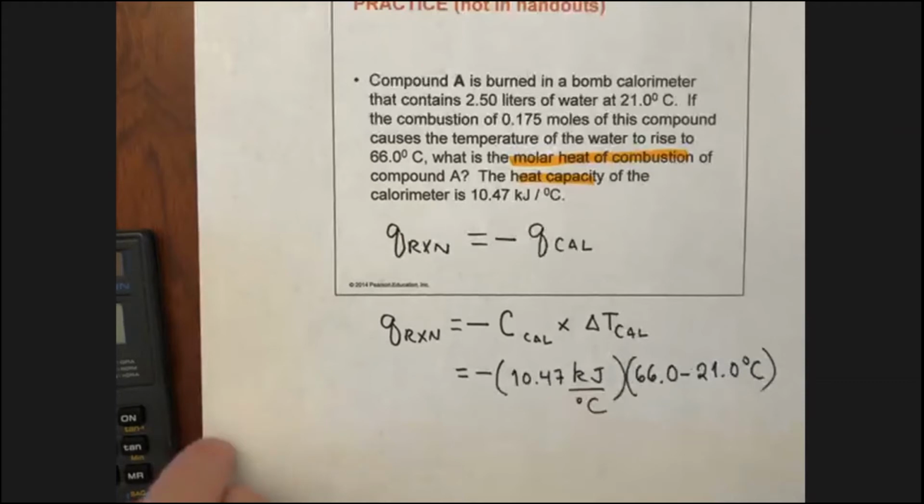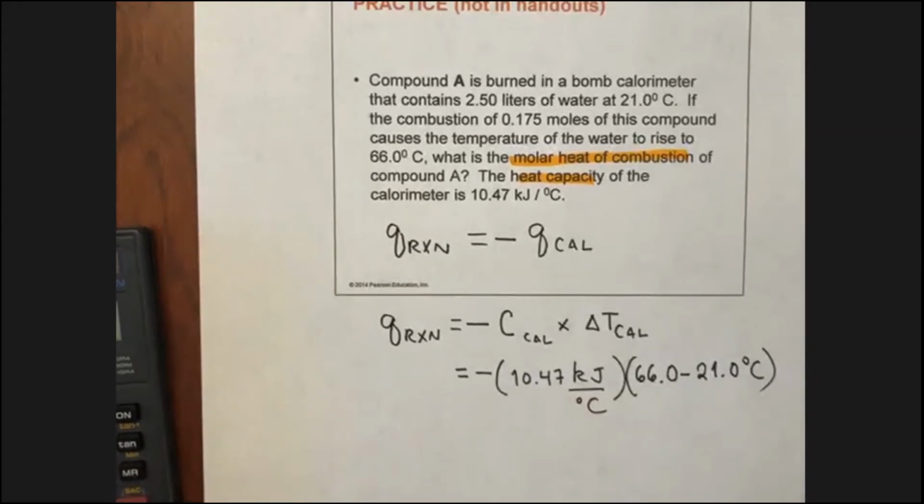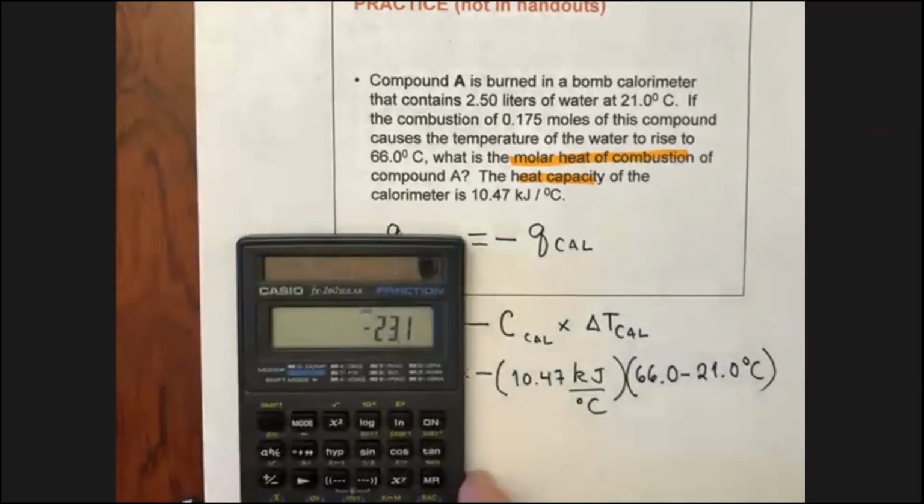All right? So if we do this calculation, we're going to get 66.0. Of course, my calculator is not going to respect that 0.0 there, I think. Minus 21.0. It'll be 45. That's 2 sig figs.